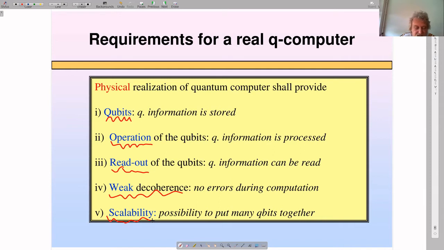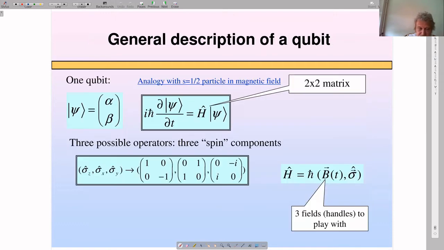This is all called scalability. So just making 2 qubits is not enough. One has to provide means to arrange these 2 qubits, these 40 other qubits, to make a system out of that. It is called scalability. Fine, there are the requirements.